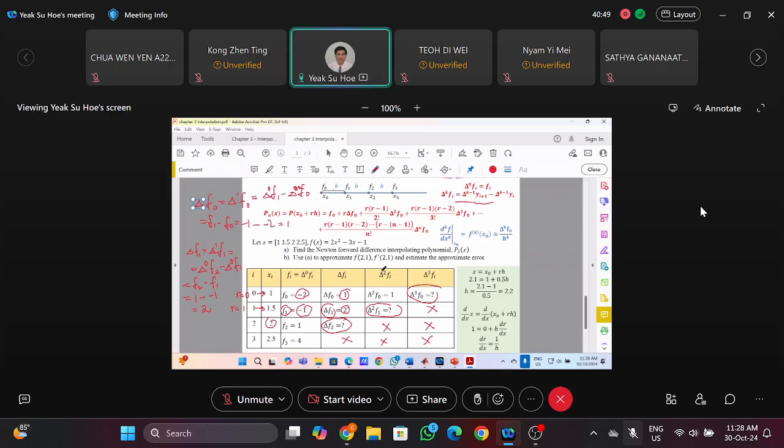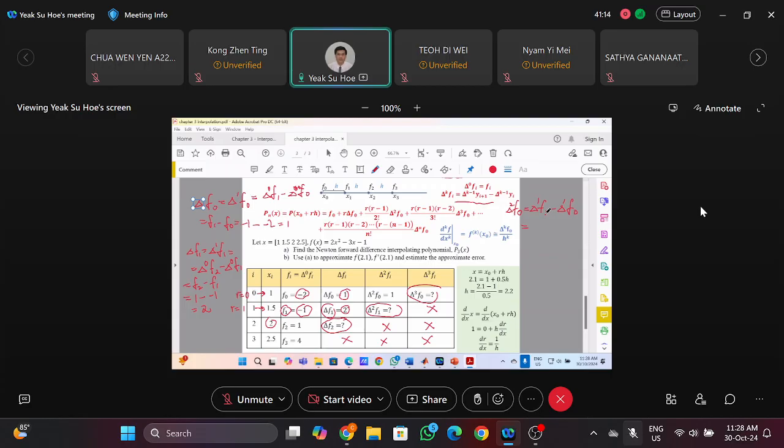This actually is equal to this: delta 2 F0. Then it is equal to, your K is 2, your I is 0. So then it becomes K minus 1. So it's equal to delta 1 F1 minus delta 1 F0.